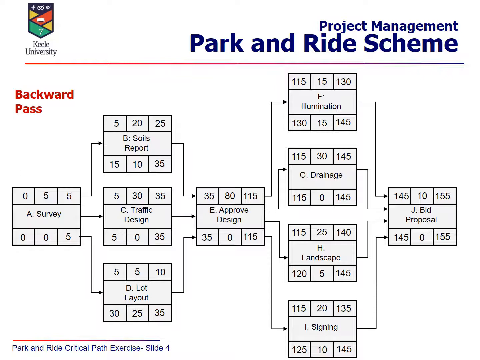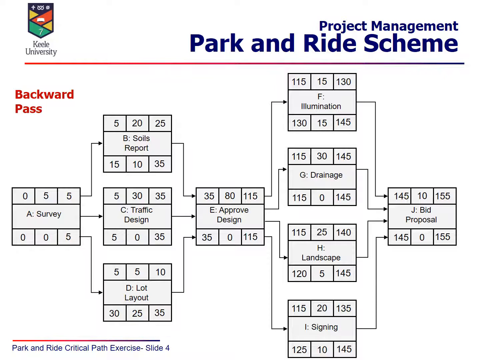It will help us to identify the critical path, that route of activities through the network where we can't have any delay if we want the project to finish on time. And it will also identify any activities which have a degree of slack or float. In other words, where we have some flexibility. We don't always have to start them at the earliest time.